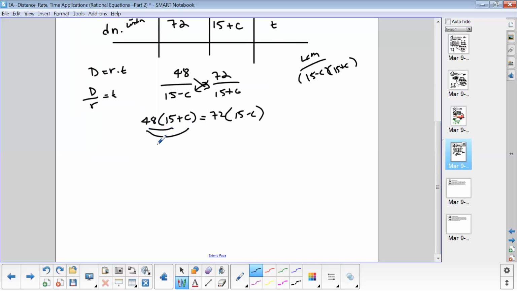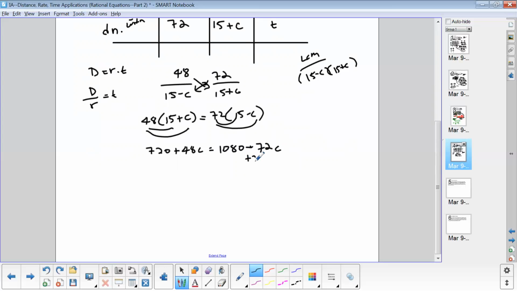So this will be 720 plus 48C is equal to 1,080, which is 72 times 15 minus 72C.